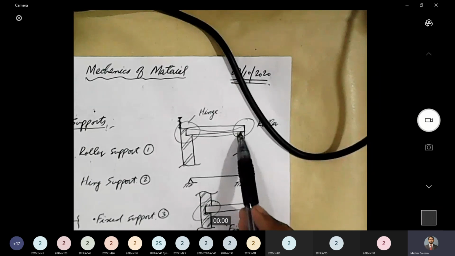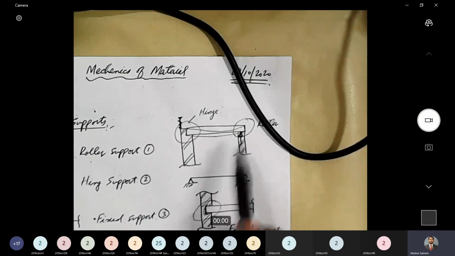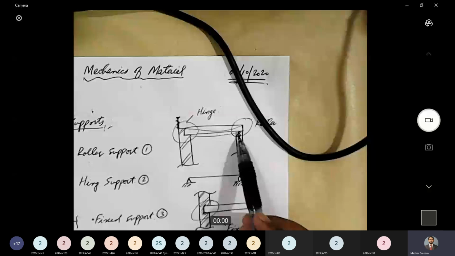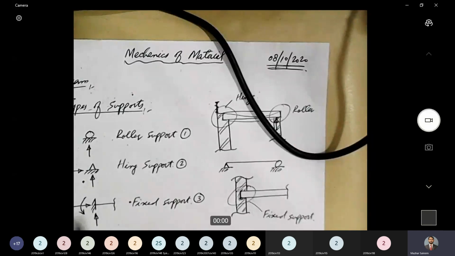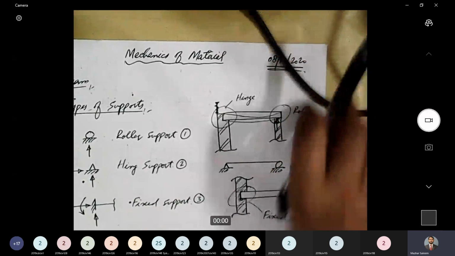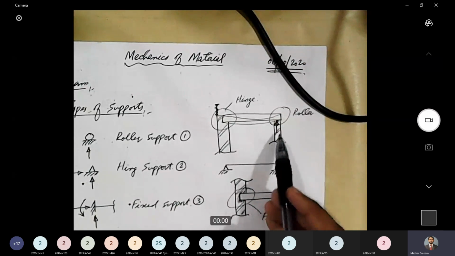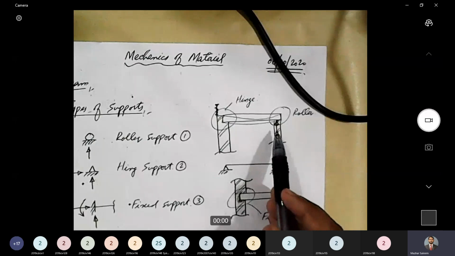So that will create significant friction at the support level, and that friction will generate the ability in the support to produce horizontal reaction as well. So theoretically we say that this is a roller support, but practically this will not behave like a roller support. Rather, it will have some horizontal reaction as well.